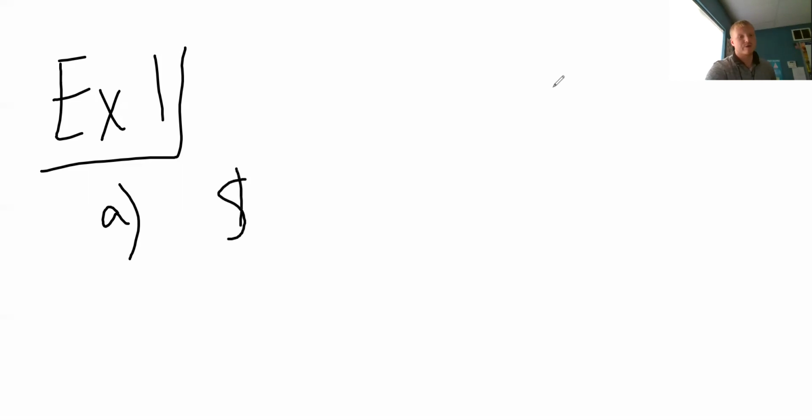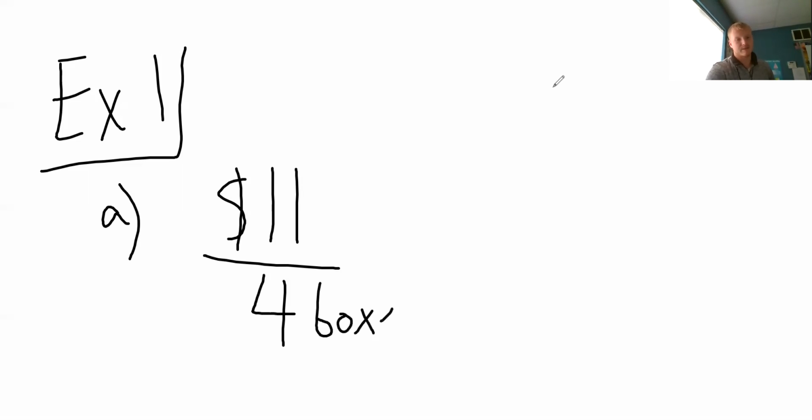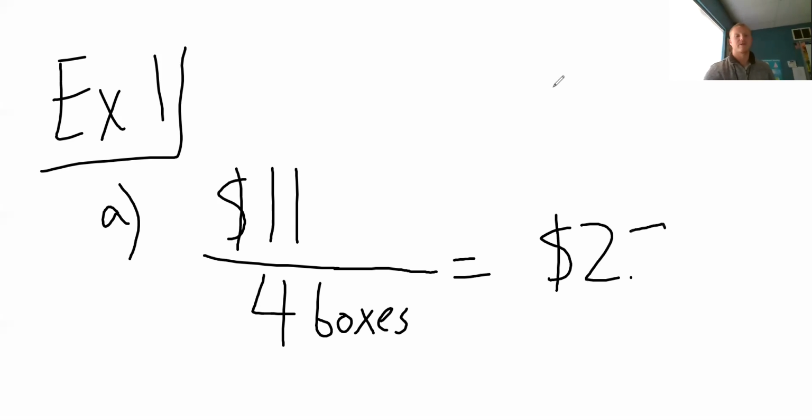So 11 would go in my numerator because that's my total. And then I'm dividing that by 4 boxes because that's how many boxes I had. Then from there, I would solve to figure out what my unit rate is. You guys can use a calculator. So 11 divided by 4 is going to be $2.75.